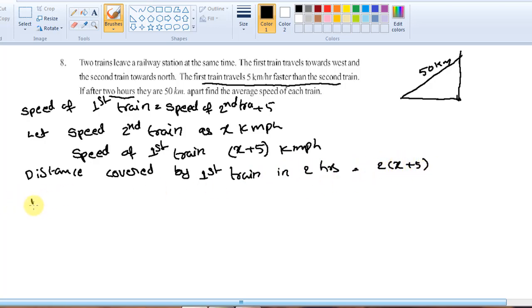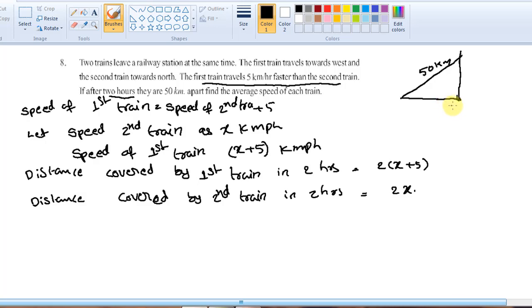In the same manner, the distance covered by the second train in 2 hours is equal to 2 times of x.